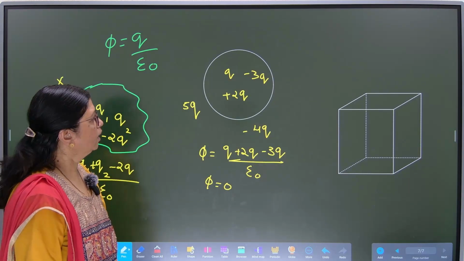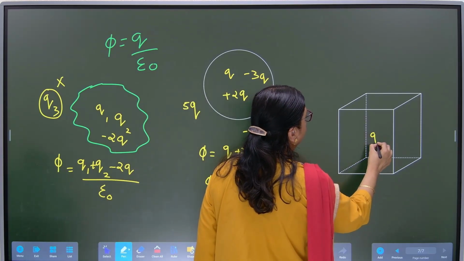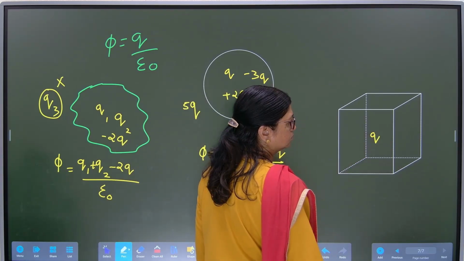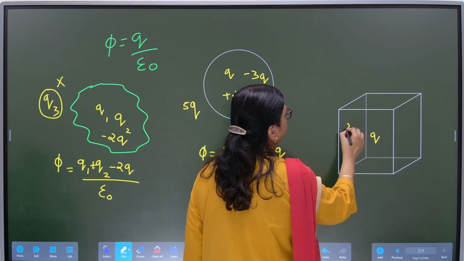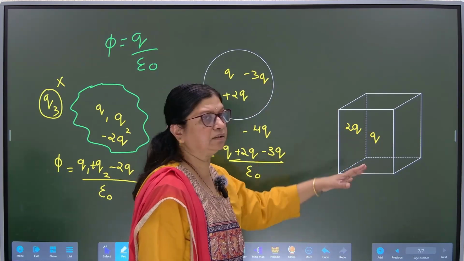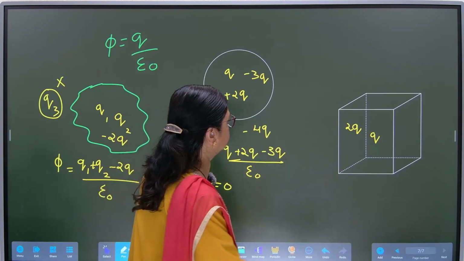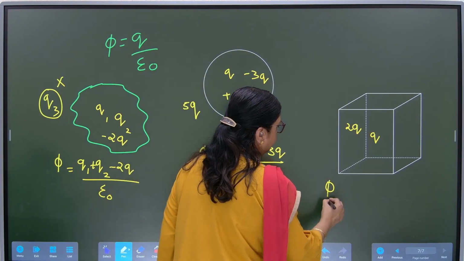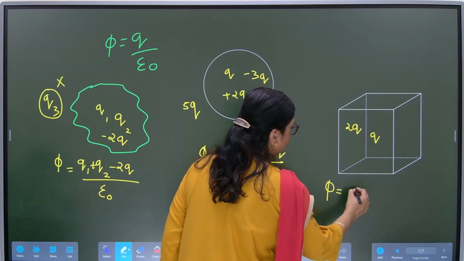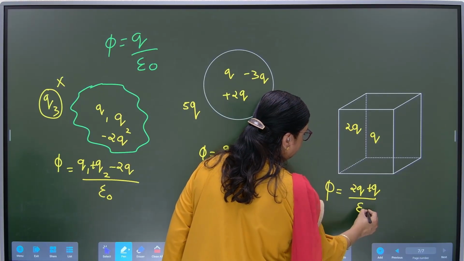Now here let me consider one combination of q and 2q also available within the surface of the cube. So what is my answer here? Phi is equal to 2q plus q divided by epsilon naught.